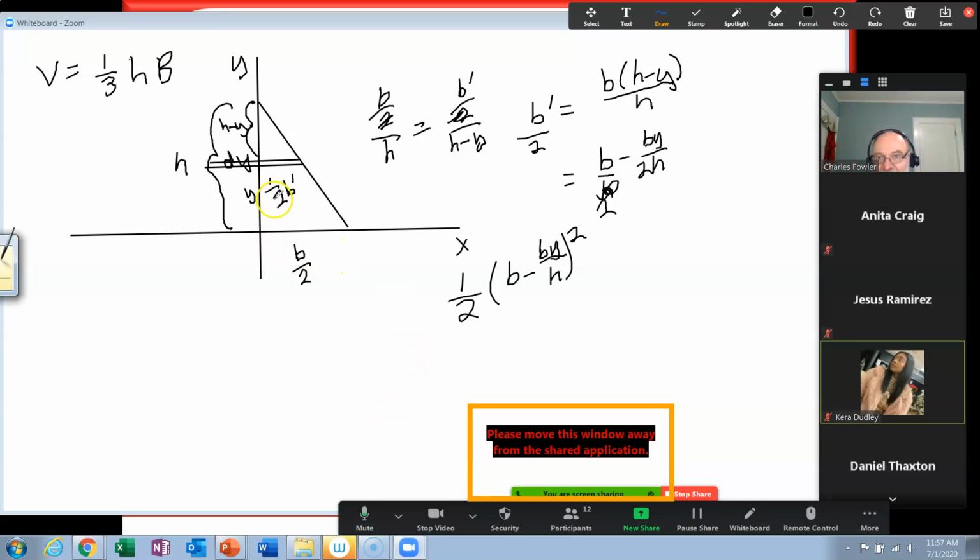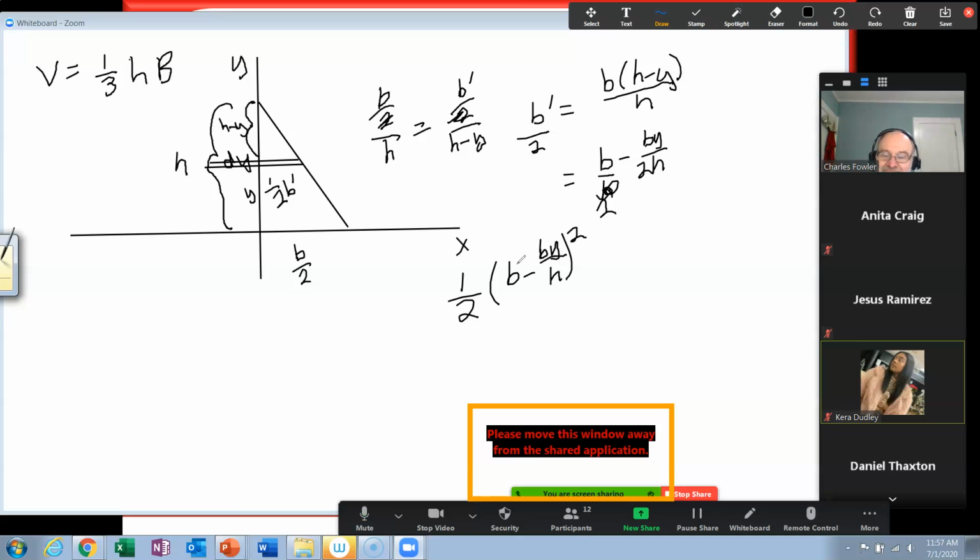It's hard to show in 2 dimensions what we want in 3 dimensions. Here is the length, 1/2 by, which is what I had written there, and then the length of that, if we imagined the full length of it, would just be b prime. So you have the 1/2 of that times b prime.